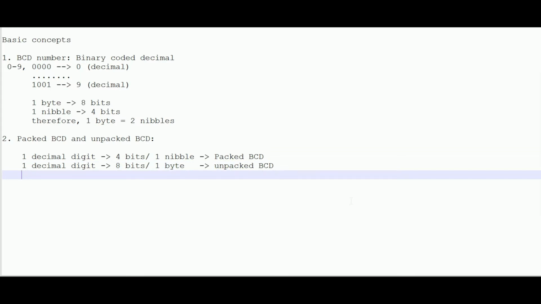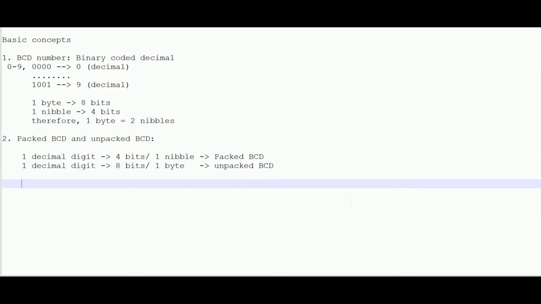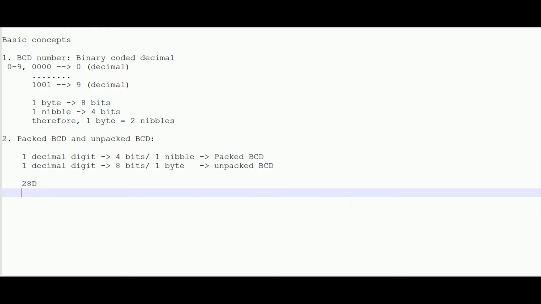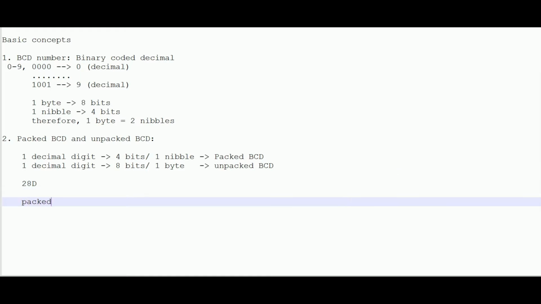Let us take an example. Suppose we have the number 28D, where D stands for decimal. What would be its representation in packed BCD? In packed BCD, 2 is represented as 0010 and 8 as 1000.